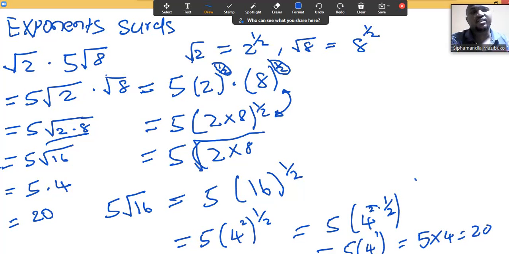Let's do the next example, where we will be just fast and move. Okay, let's look at our next example, and our next example here is 4 root 3 multiplied by 3 root 3.